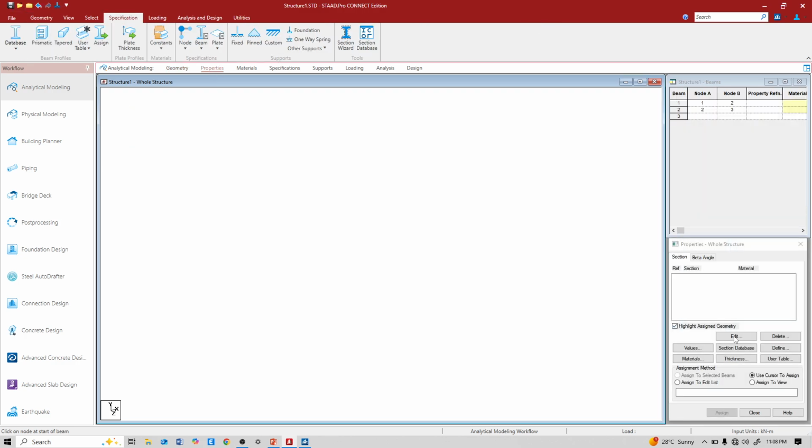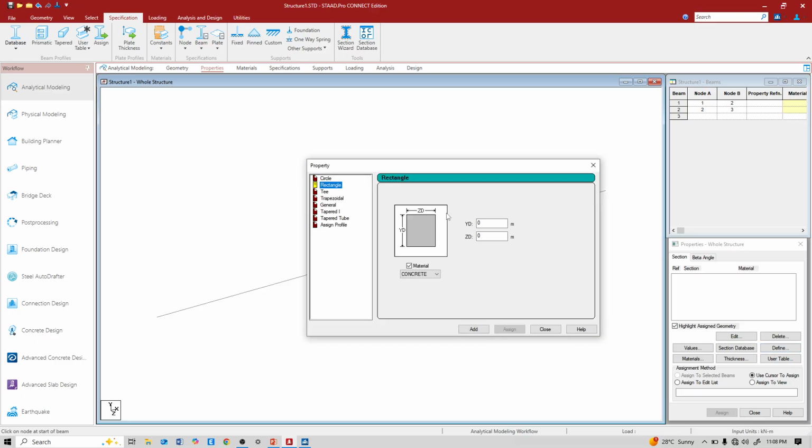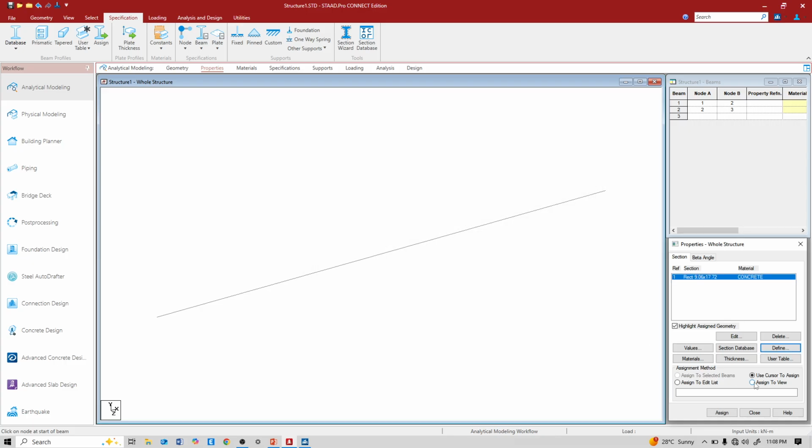View properties for errorless analysis. Rectangle, 0.23 meter by 0.45 meter. Add, close, assign to view, assign, yes.